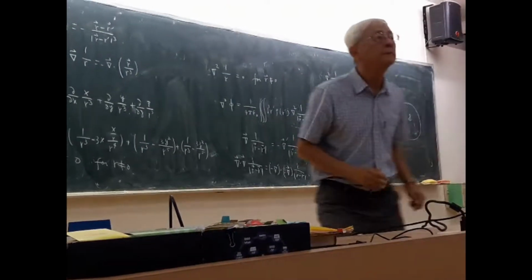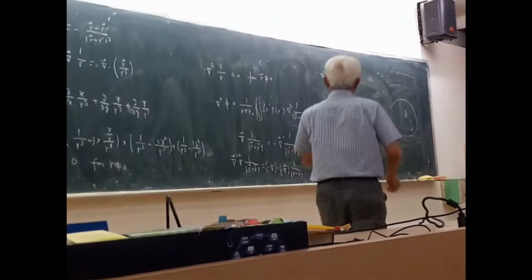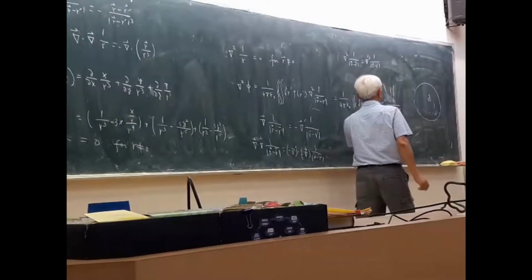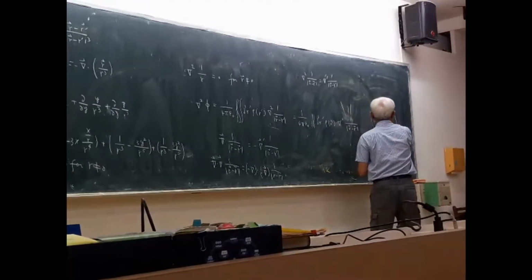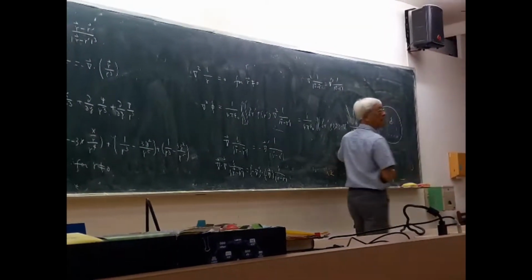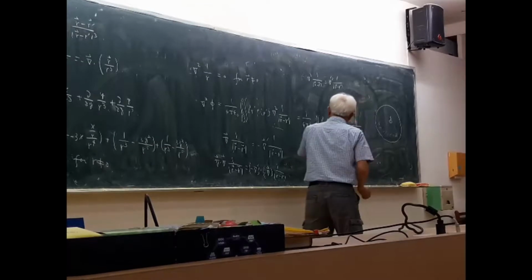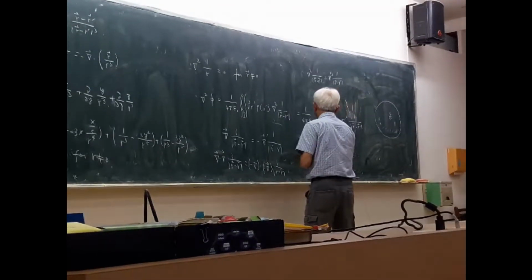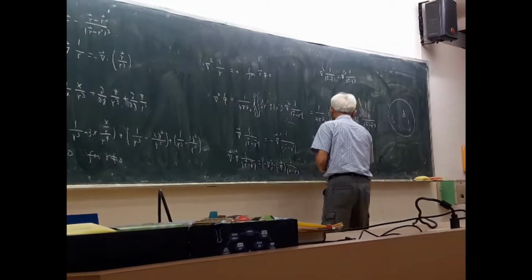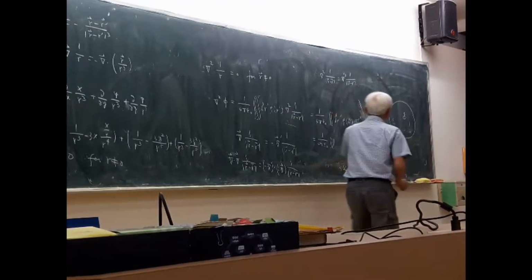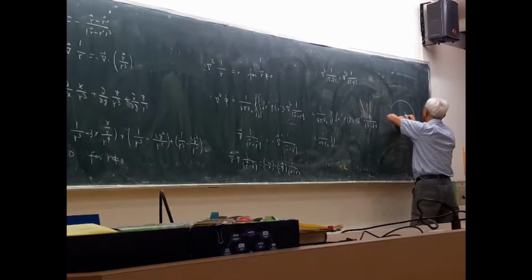So we can reduce this volume integration. Everything else is zero. So this integration can be reduced to a small sphere, to this small sphere.